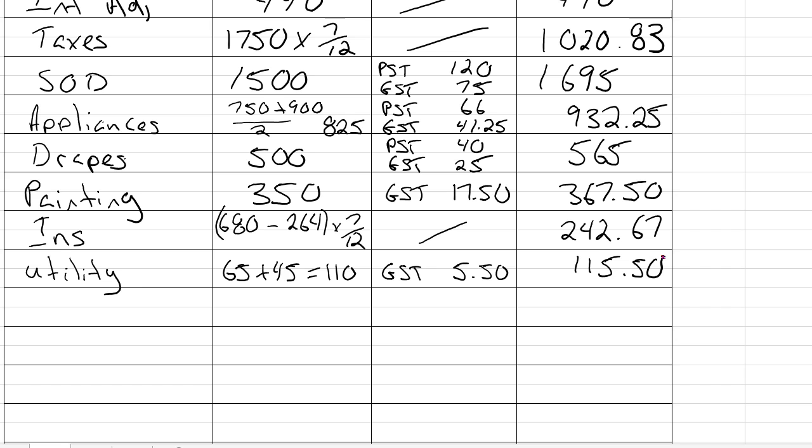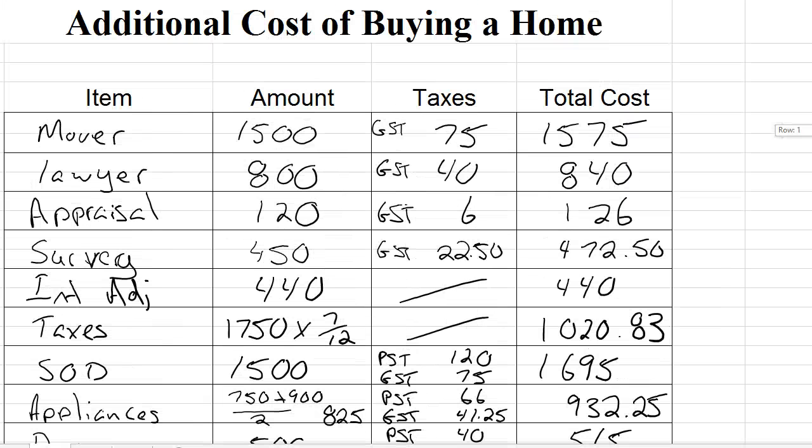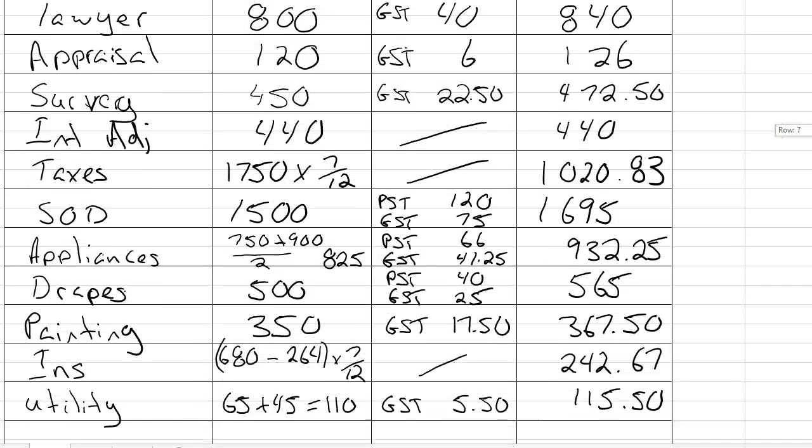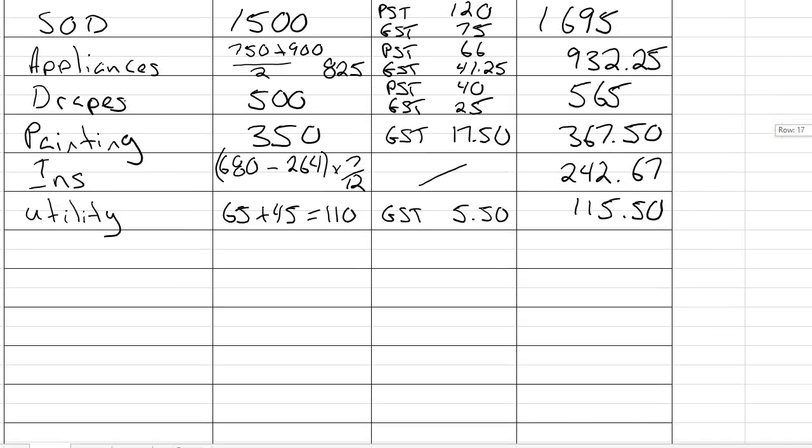So now we've got all our items. We started with the mover, got our taxes in total, all the way down to our utilities. So the total for the Baileys' additional costs is $8,392.25. This does add up quite fast.